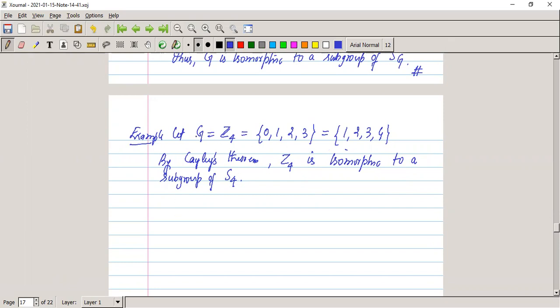Now, since Z4 has four elements, we need to compute four permutations from S4 to construct that group G'.